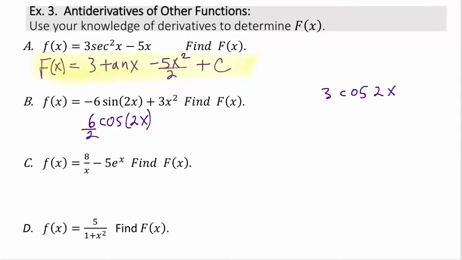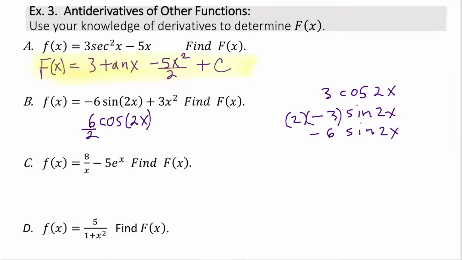So the derivative of the cosine is the negative sine of 2x times that 2, using the chain rule, will get you back to negative 6 sine of 2x. So we've got this correct. This would be 3 cosine of 2x. So we had to divide by 2 to counteract the chain rule.